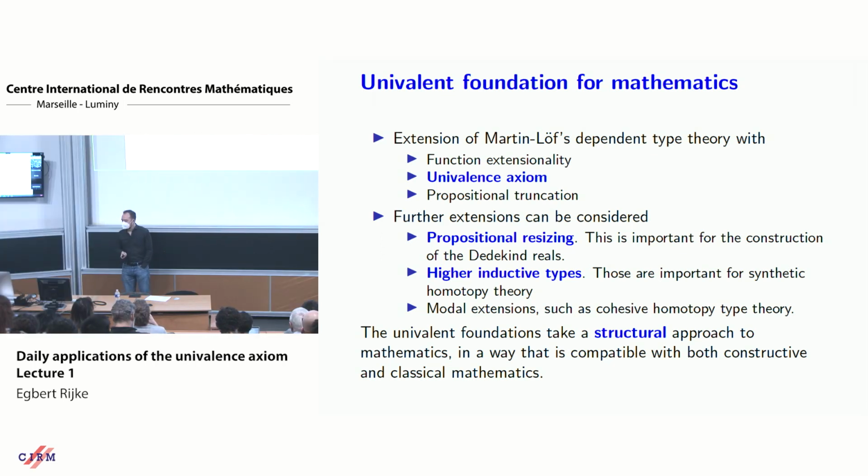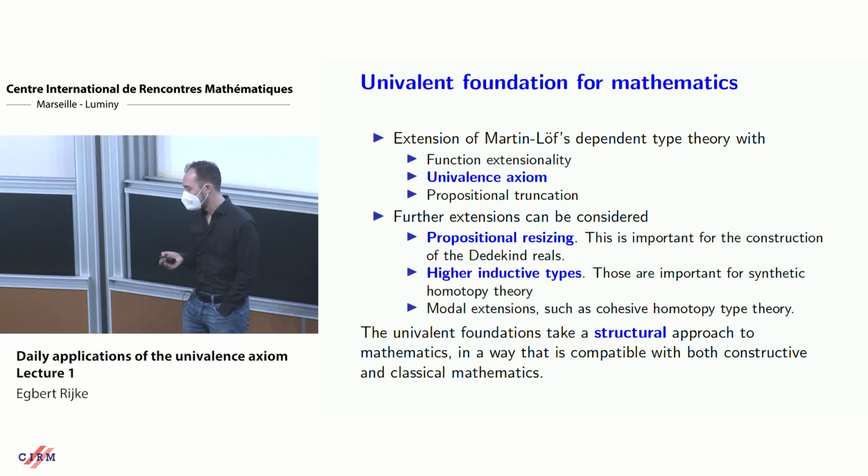Okay, so the Univalent Foundations for Mathematics, what is it? It's an extension of Martin-Löf type theory. I'm not going to give you the rules, but I'm going to tell you some of the ingredients. It extends Martin-Löf type theory with things like function extensionality, the univalence axiom, propositional truncation, and depending on who you talk to, a little bit more or a little bit less.